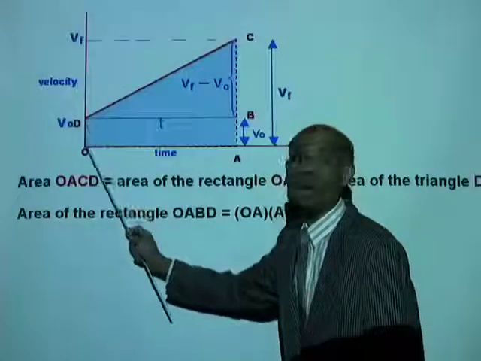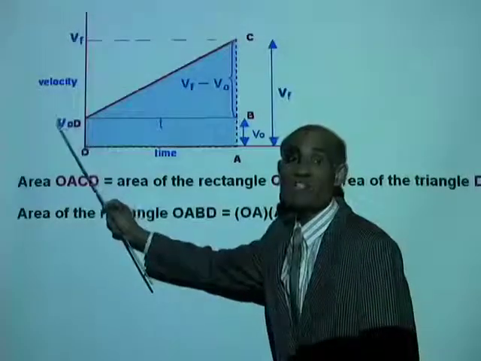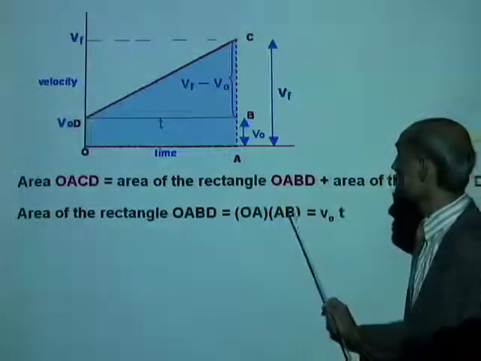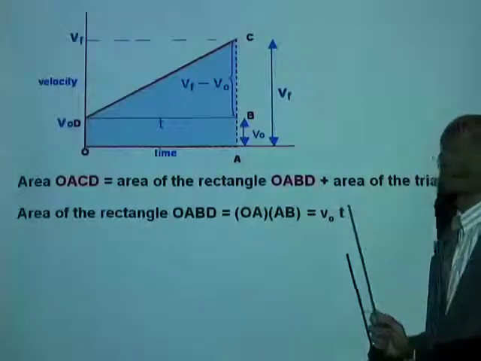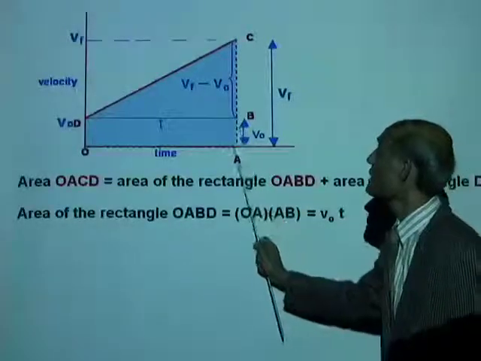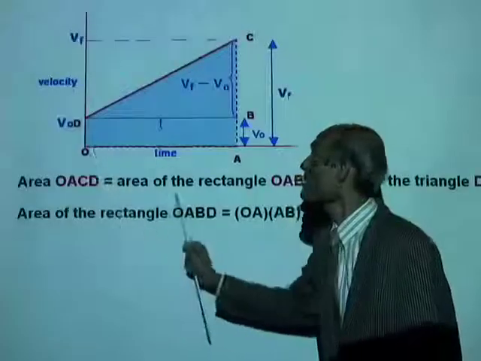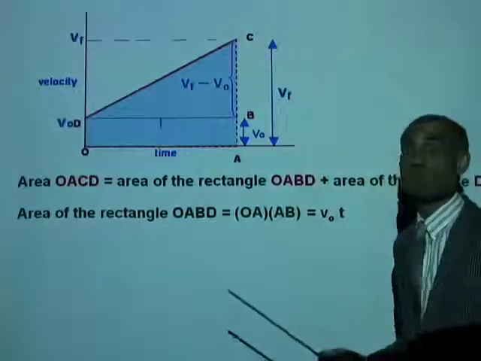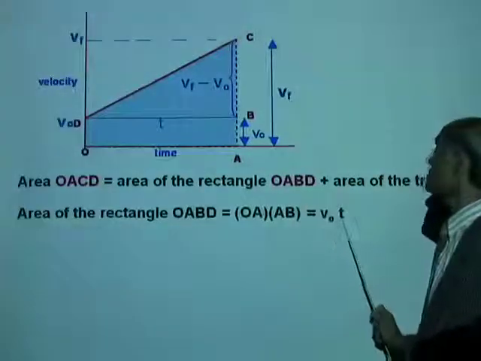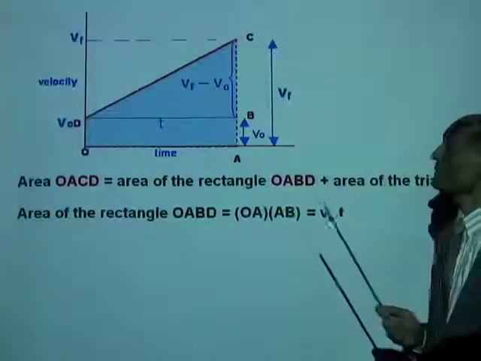AB is the same as OD, and that is equal to V0. So this will be V0 times t. This is V0, that is AB, multiplied by OA, which is your time t. So the area of this rectangle is V0 times t.